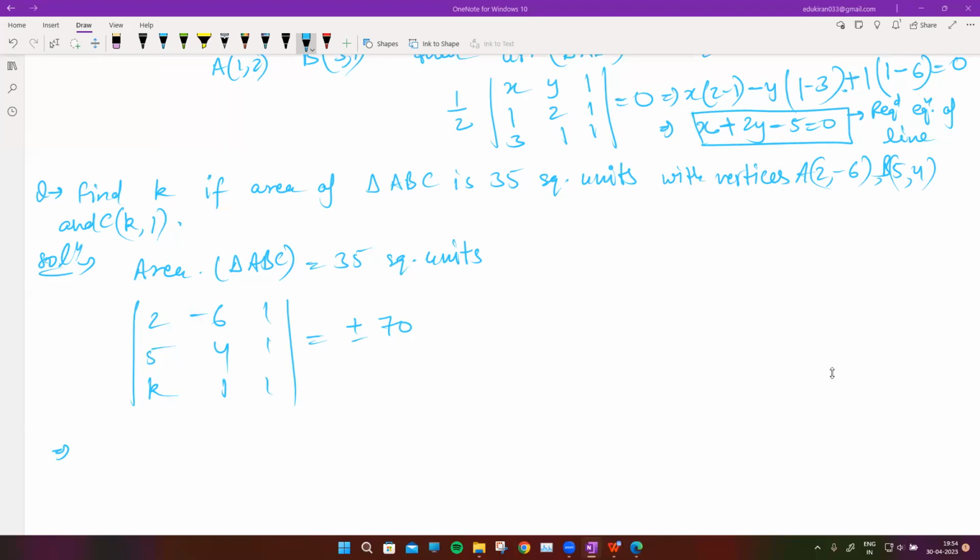So expand it along the first row. Take the first element 2 into its cofactor, which would be 3.